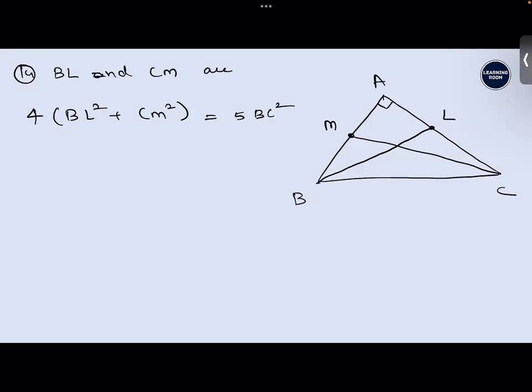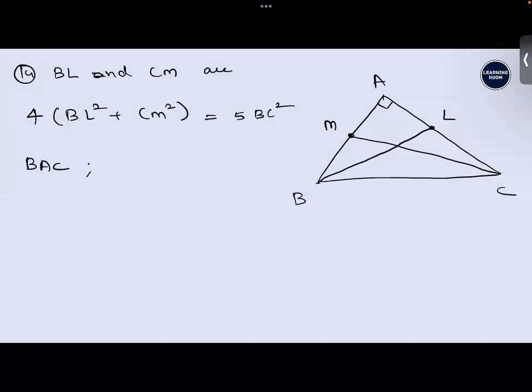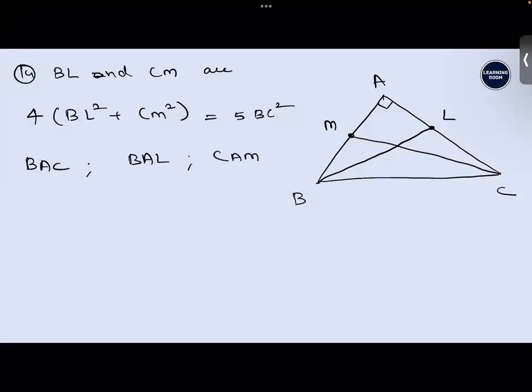I'm able to see 3. What are 3? BAC is the bigger triangle. BAL is the smaller part. Okay. So these are all the right angle triangles.